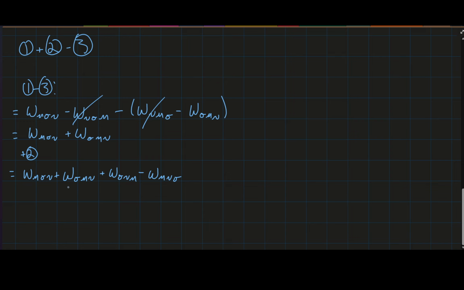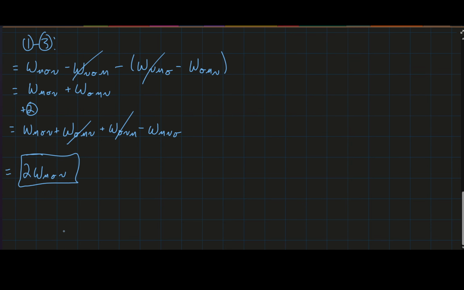Now again, thanks to anti-symmetry, these 2 in the middle are going to cancel. And then we can rewrite this last one as mu sigma nu by flipping those indices and getting rid of the minus sign. And so we get on this side 2 omega mu sigma nu. So what we've shown is that by taking this combination of the equations, we get an expression that's going to solve for omega directly. So let's do the right-hand side now and find out what this equals, and then we'll be done.